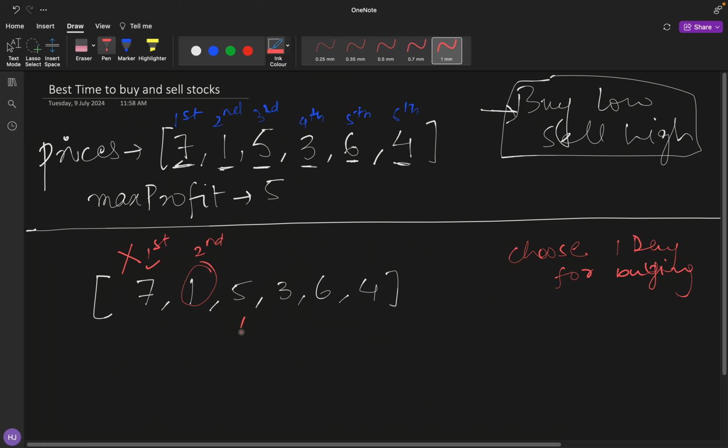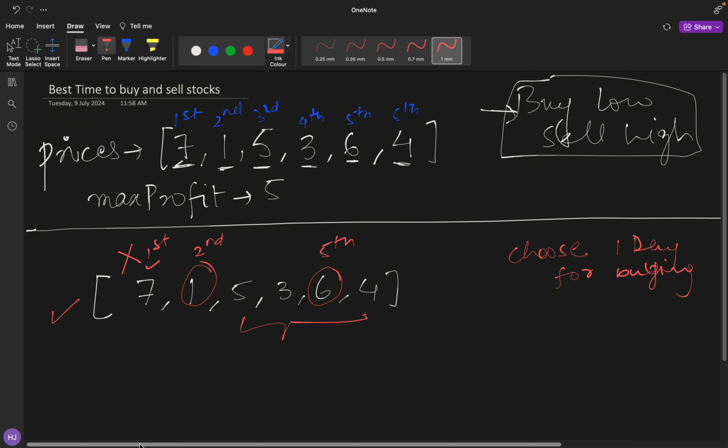So probably we have to find the day on which we will sell, where the value of the stock is at its maximum. The choice is the 5th day, because on this day the value of the stock is maximum. So we will choose our elements to be prices[1] and prices[4].